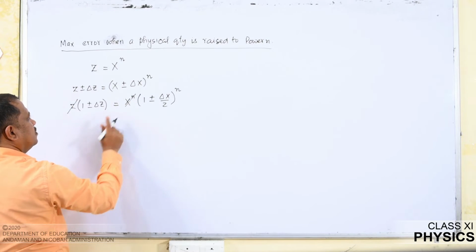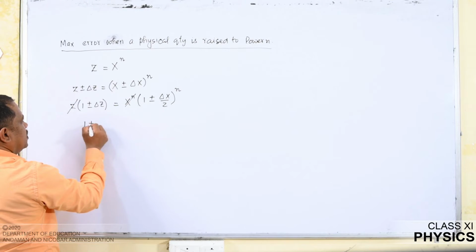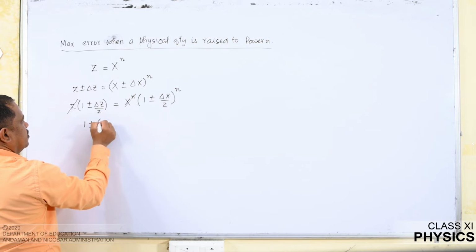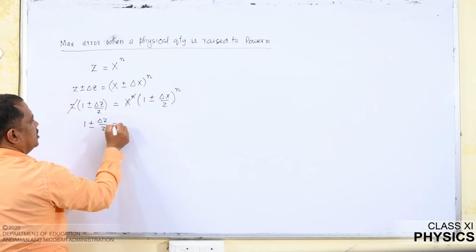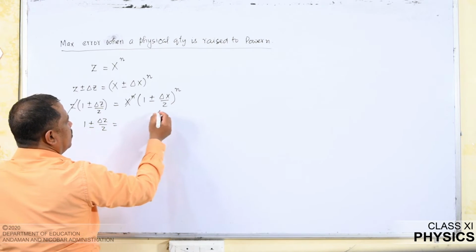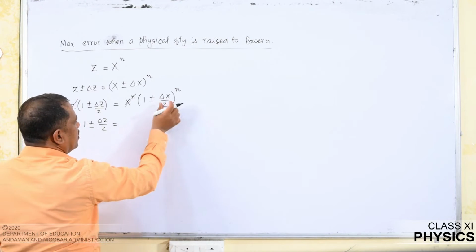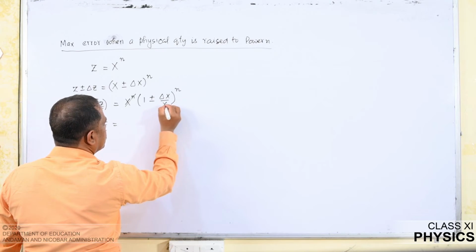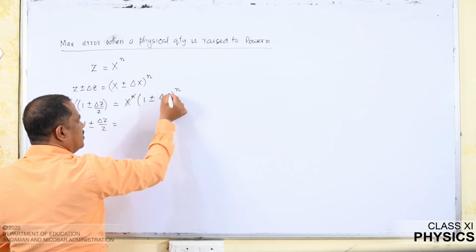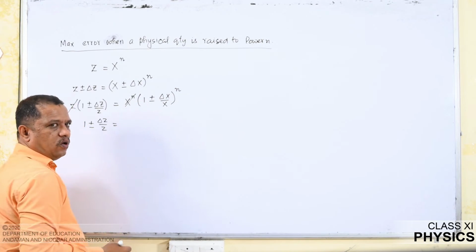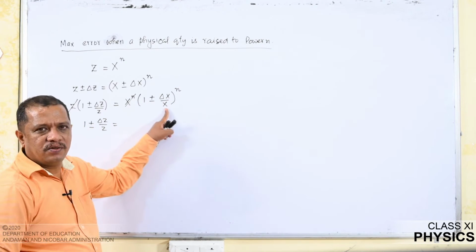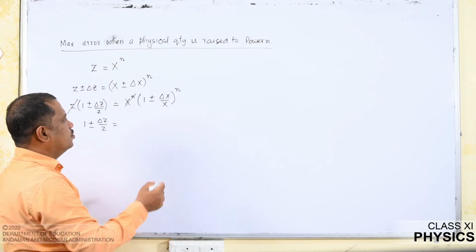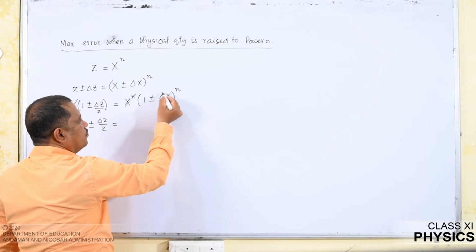So, this is gone. We already know that delta x in the numerator is very small and in the denominator x is a very large quantity comparatively. So, therefore, this quotient itself is very small.